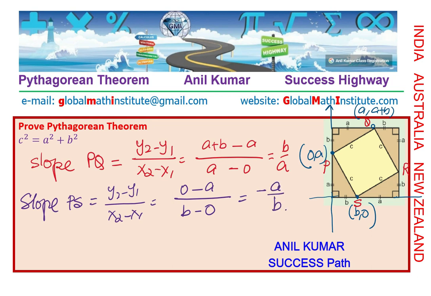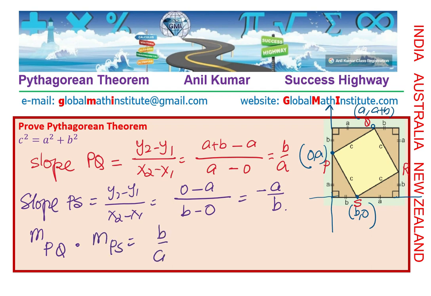Do you see that? So we see that the slope of PQ times the slope of PS is basically equal to b over a times minus a over b, which is negative 1. Therefore, they are perpendicular.